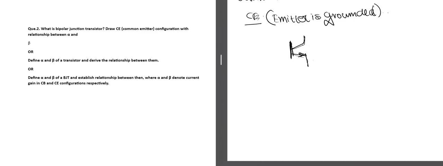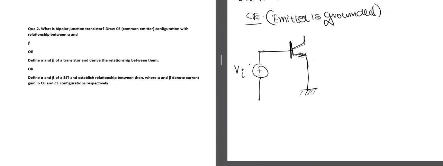As I have said, the emitter terminal will be grounded, and we will apply the input voltage to the base. This is our input voltage signal, which is represented by Vi.